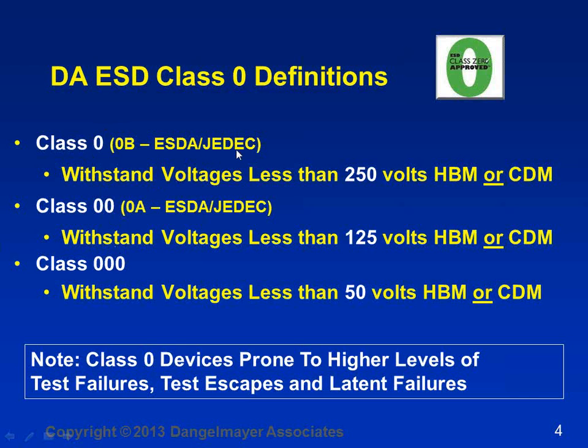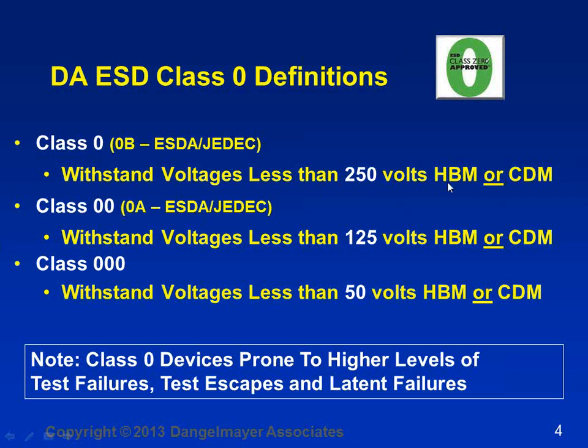And very recently, the ESD Association and JEDEC have issued a joint standard on HBM stress testing, where they have come up with these additional definitions, class 0B and 0A, for these two categories. And what we have found is that the failure rates in-house and for reliability tend to escalate at these three breakpoints.